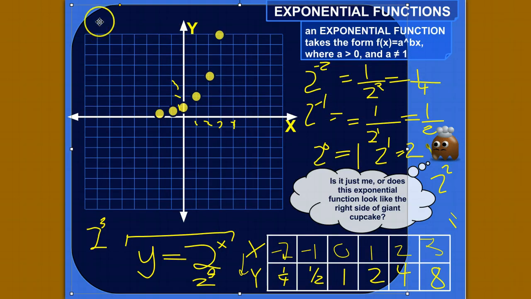Okay, so let's connect those points, and we know that the graphs of exponential functions almost touch the x-axis when they're over on the negative side here.